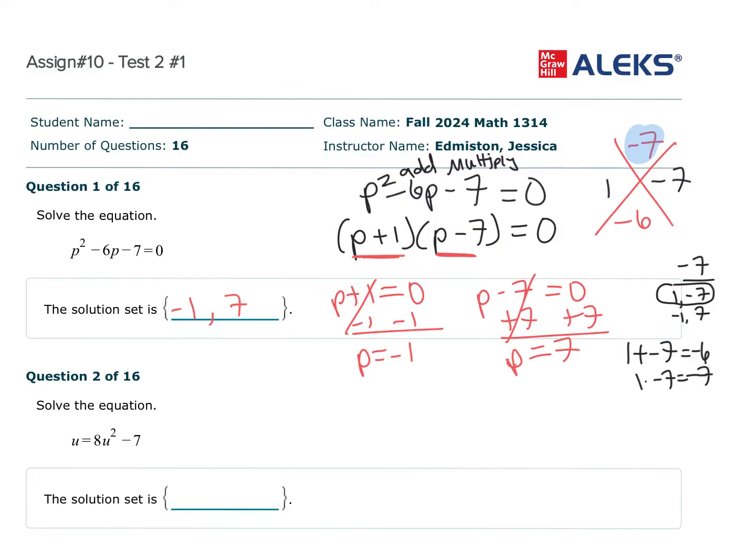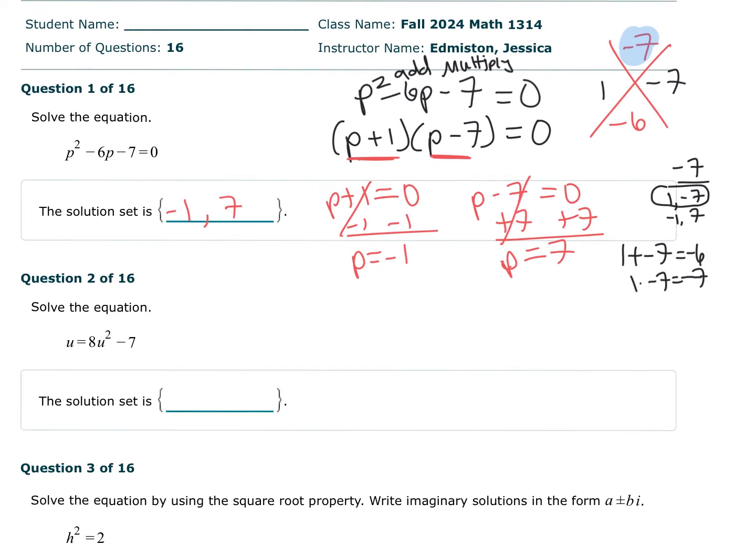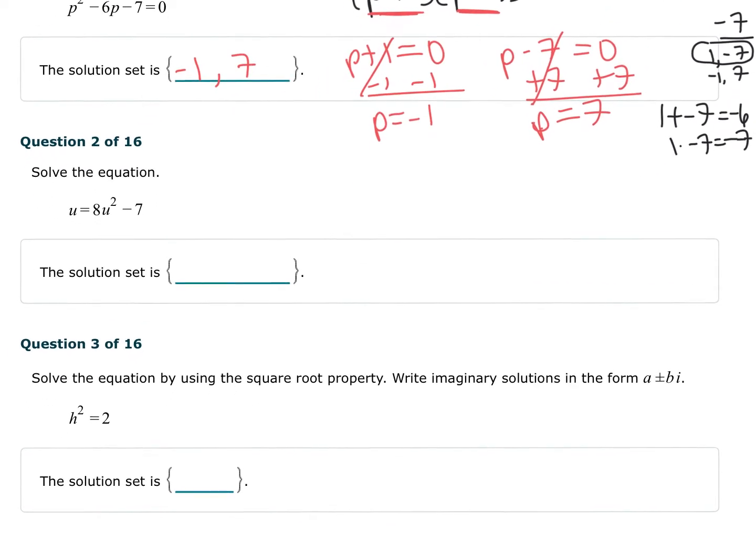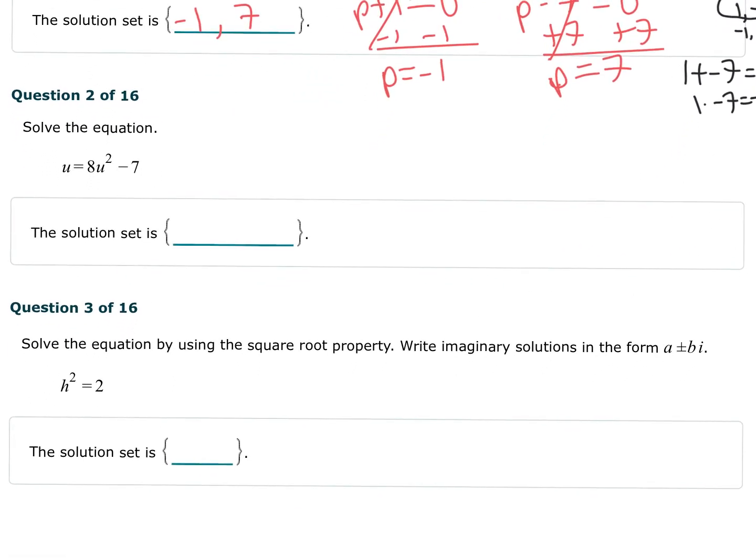All right, let's move on to number 2. So you'll see that number 2 is quite similar, except for my quadratic, I noticed that it's not already set equal to 0. And so that's always going to be my first step, is I want to make sure to set it equal to 0. All right, so I already have 8u squared minus 7 on the right side.